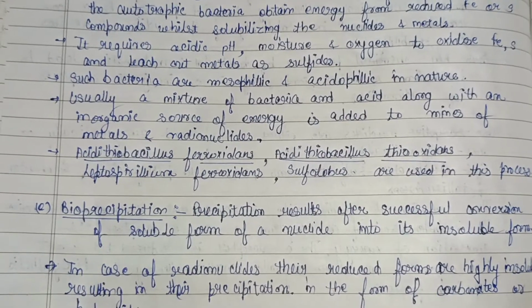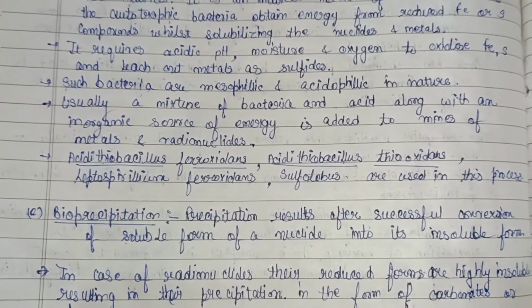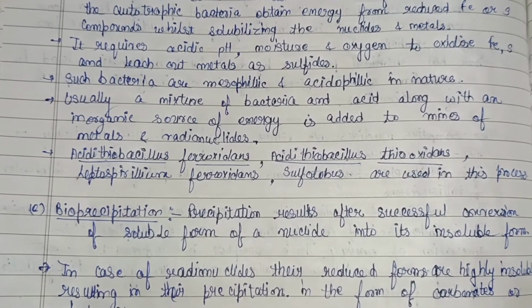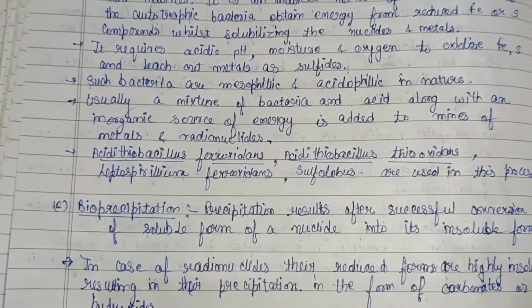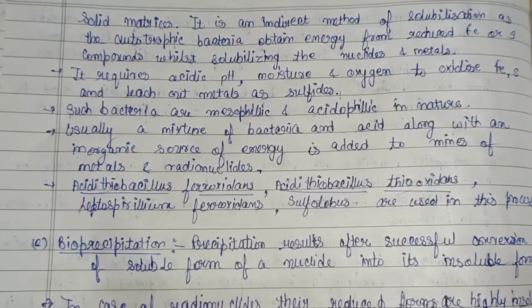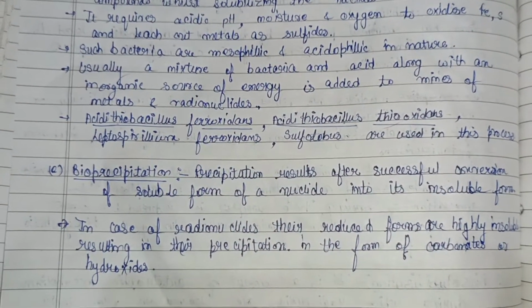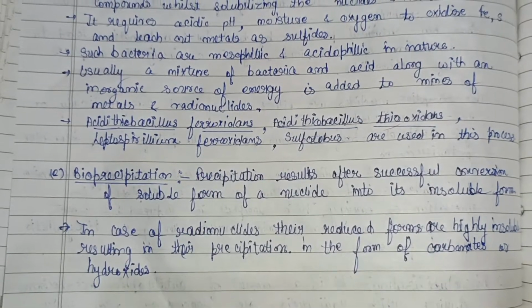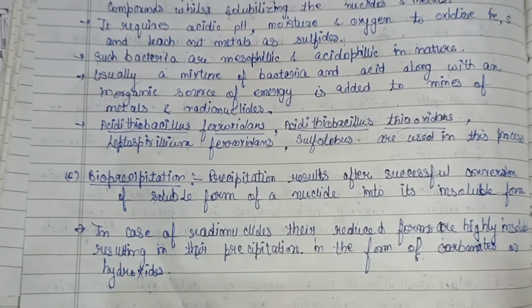Acidithiobacillus ferrooxidans, Acidithiobacillus thiooxidans, Leptospirillum ferrooxidans and Sulfolobus are used in this process. So these are the bacteria that are utilized in the process of biosolubilization.